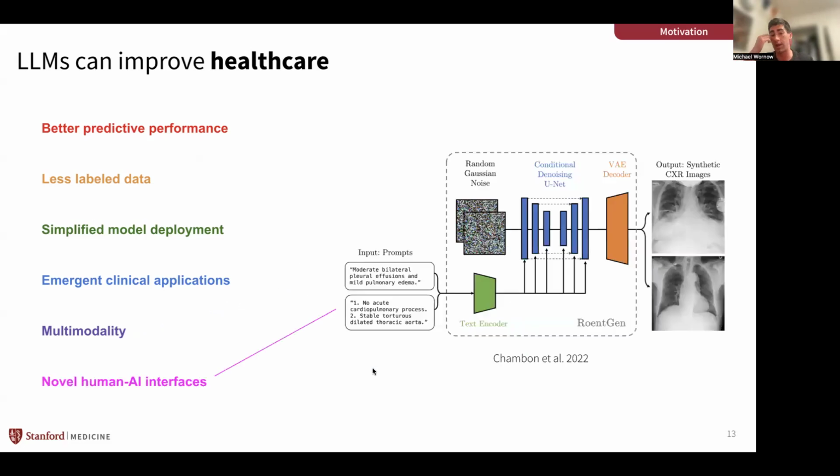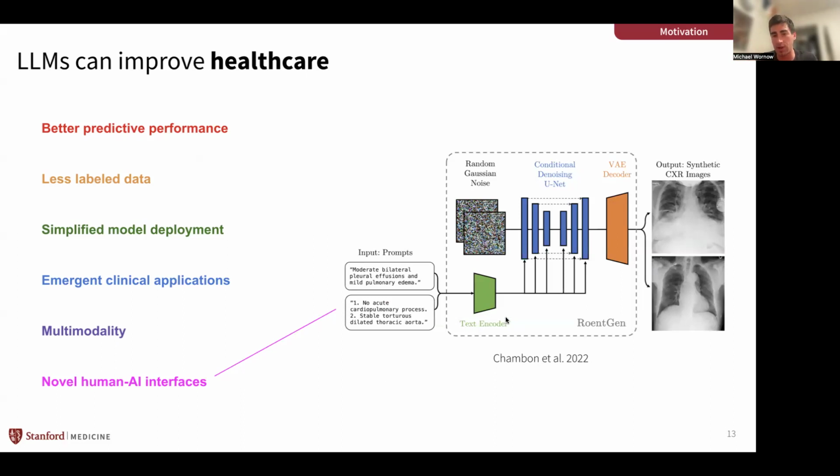And finally, the last key benefit that we saw coming out of these models, beyond just being more accurate, is the ability for humans to interact with them in novel ways. What I mean by that is, if you've ever used ChatGPT, it's not just that the model spits out an answer and then it's done. Instead, it's a dialogue with the user. ChatGPT writes something, and then you're able to respond to it, and it's able to respond to your response, and so on. So you can actually have a conversation with the model.